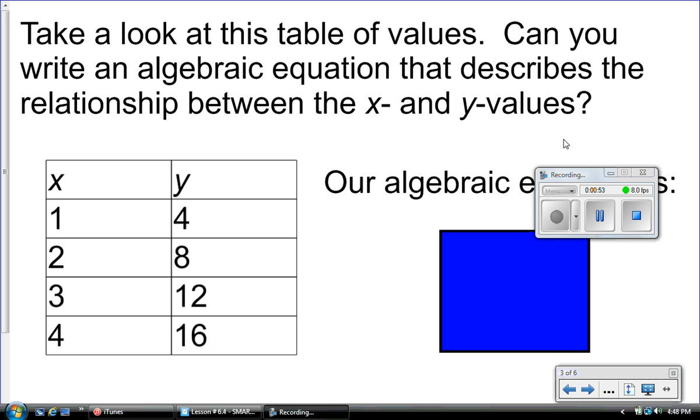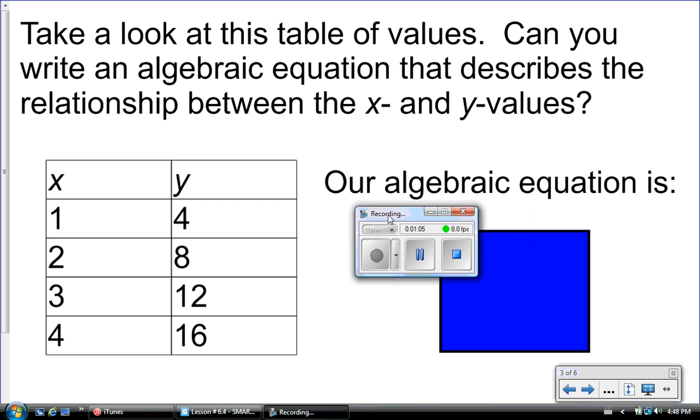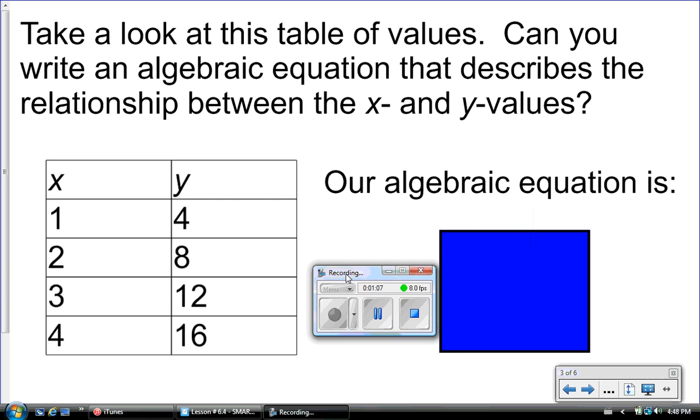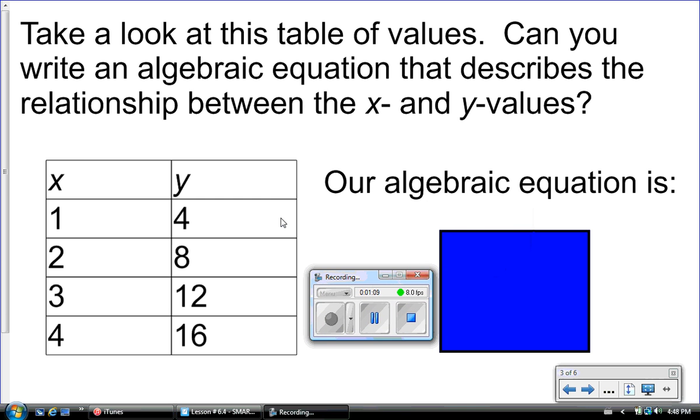Take a look at this table of values. Can you write an algebraic equation that describes the relationship between the x and y values? So, again, like we've been doing the last couple of days, we need to look at what happens between each x value and its matching y value.